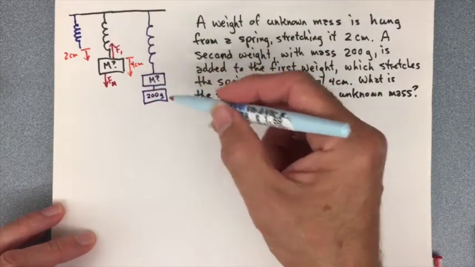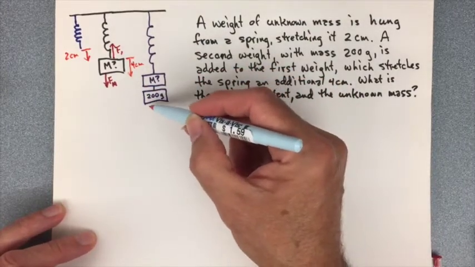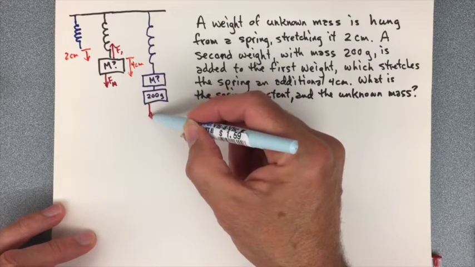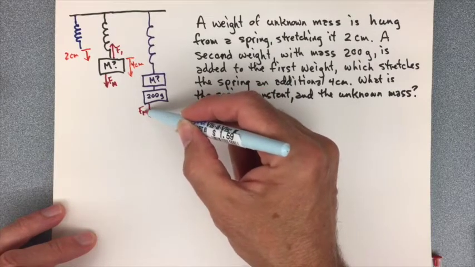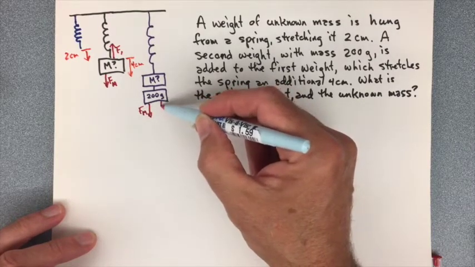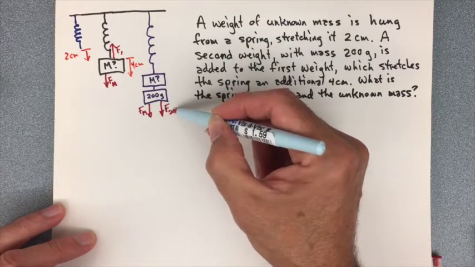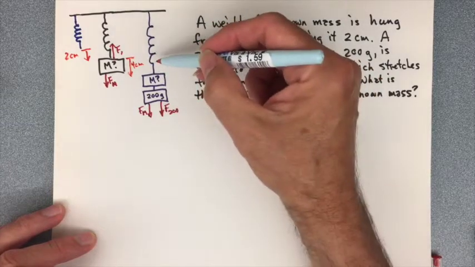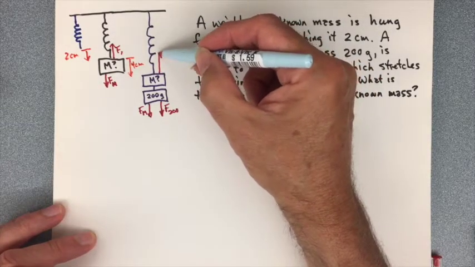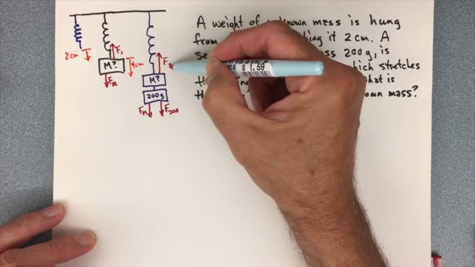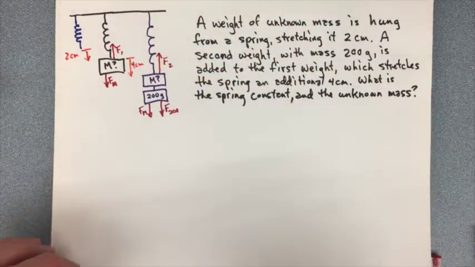In this case, for the combined system, we now have the force of gravity from the unknown mass and the force of gravity from the 200 grams, which I'll call F200, and a different spring force now, which is larger, which we'll call F2.